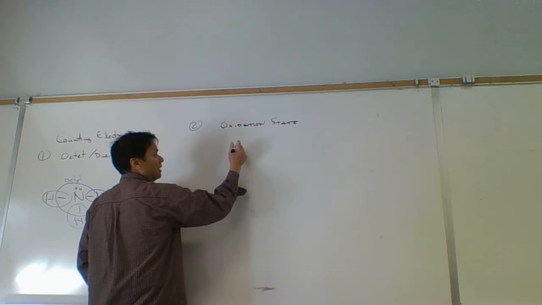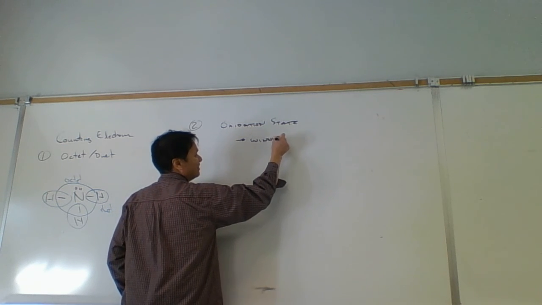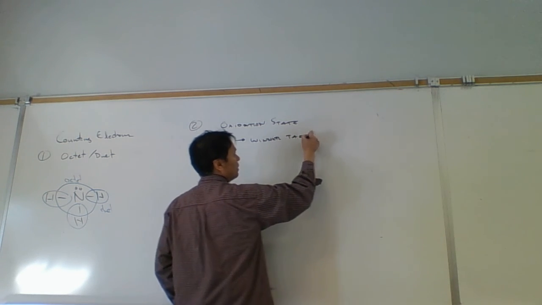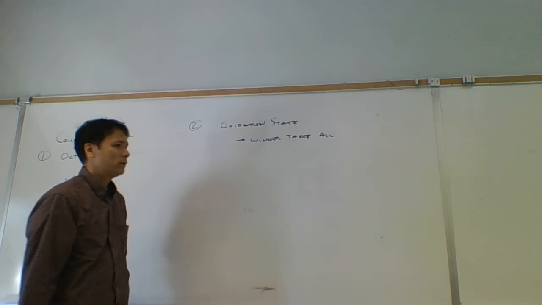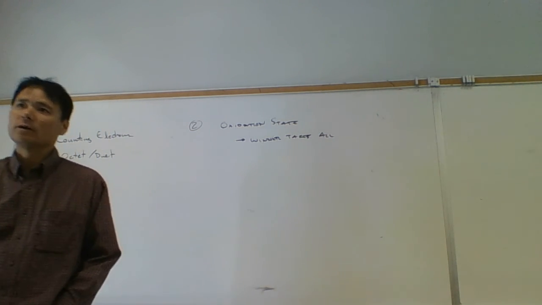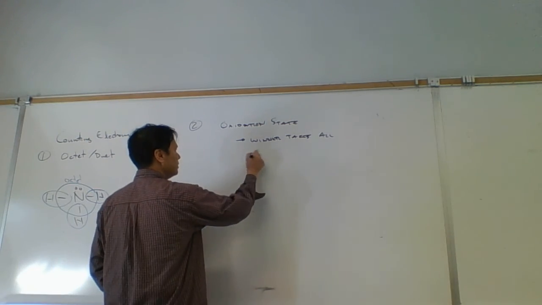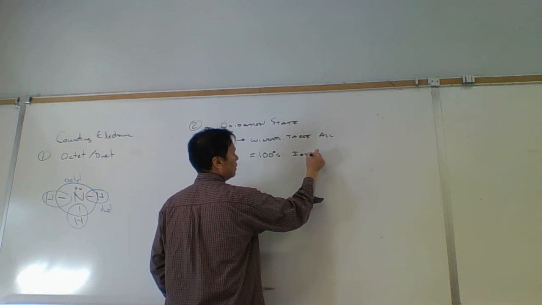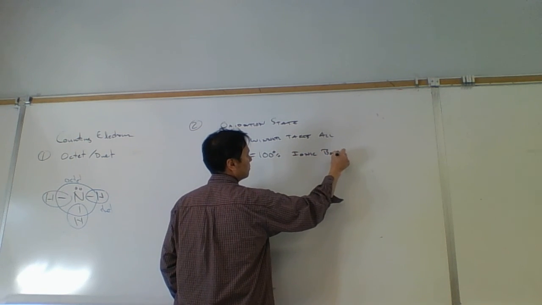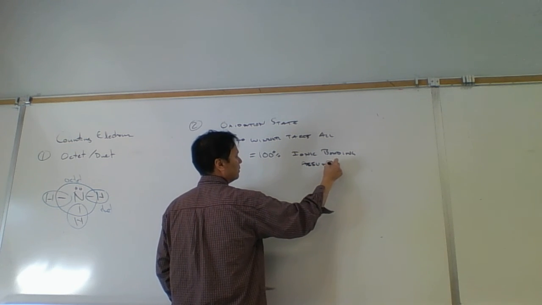For oxidation state, what it boils down to is this: winner takes all. Takes all what? Takes all electrons. Winner takes all is what we call 100% ionic bonding. And so this, of course, we're just assuming.